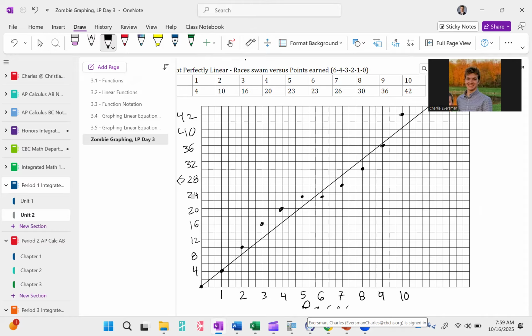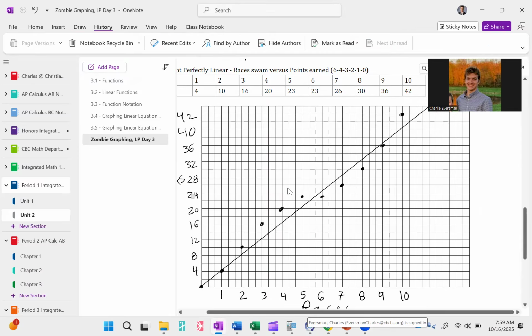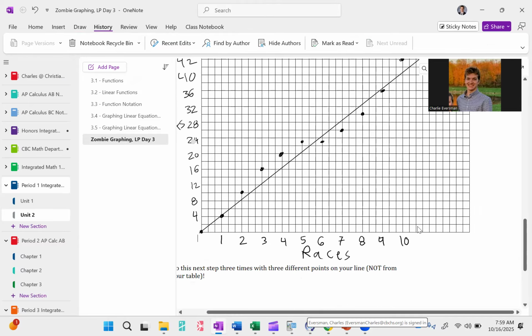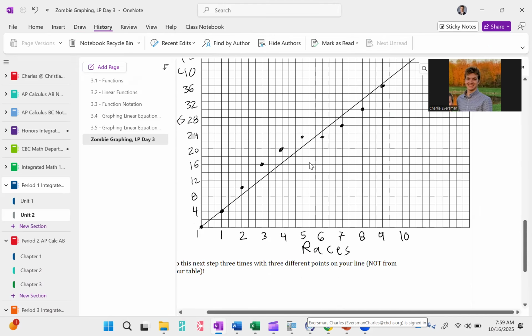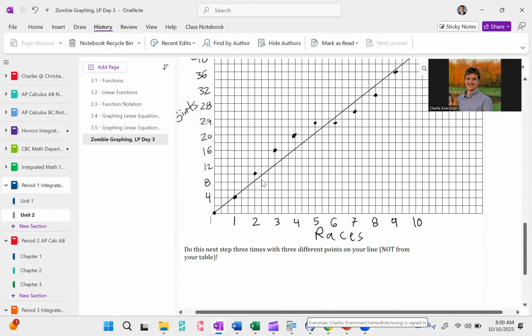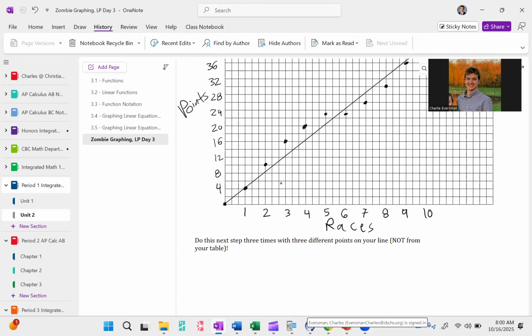I like that. And so I'm now going to pick not points from my data set, but points that are on the line. So I'll go ahead and go with this one right here. This looks like, actually, that's not a very good example. I'll assume that this is going to go through 3, x is 3, and then y is 12. So here are my points. I'll go ahead and use 3 comma 12, right?